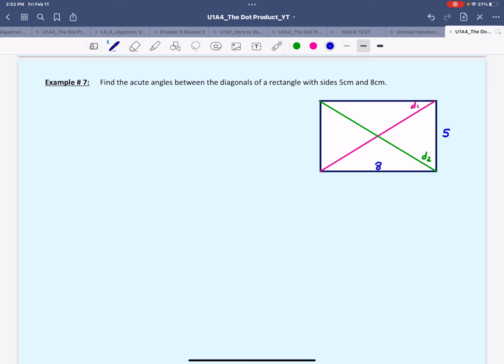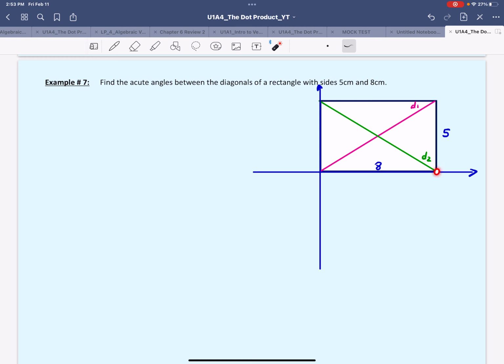And for ease in calculations, I'm going to place this rectangle on the Cartesian plane. Here is my fancy Cartesian plane, and here is the x-axis. In this way, I can interpret the information about the measurements of this rectangle differently and enrich the information in some way.